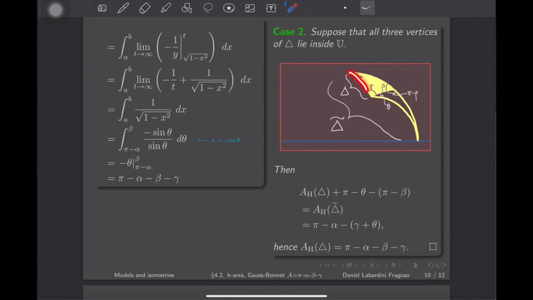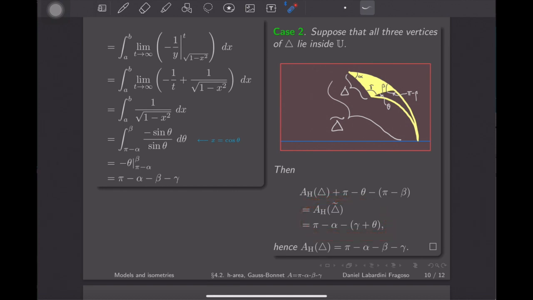Because my delta tilde is this one, so I have to subtract this plus this. This is 0. Right? Okay. Now this is alpha. It's been subtracted here, and this one is gamma plus something that I'm going to call delta. Okay, so this we know from the first case that we already proved.